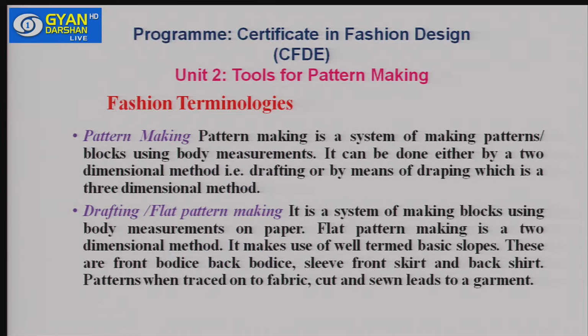What are terminologies? Common terms which you will come across every time you are using or developing a pattern. The first is pattern making, which we discussed right now. Pattern making, as we discussed, is a system of making patterns and blocks using body measurements, and it can be done either by a two-dimensional method, that is drafting, or by means of draping, which is a three-dimensional method, as we discussed.